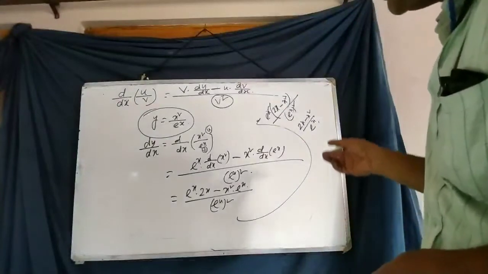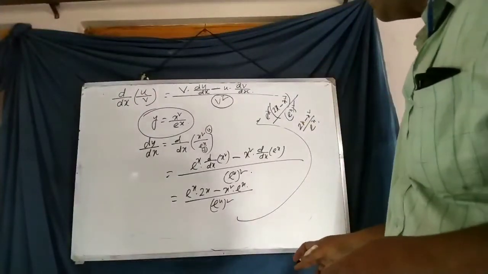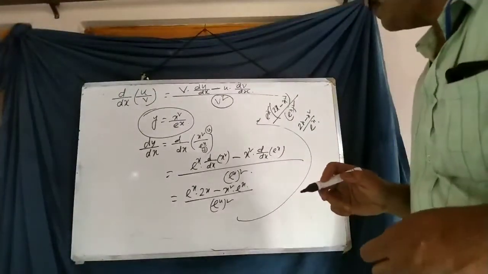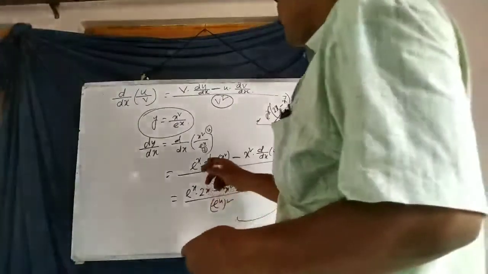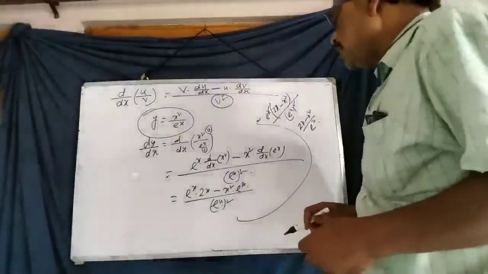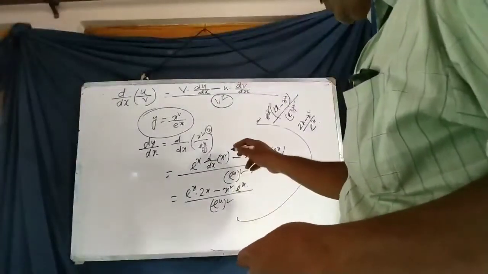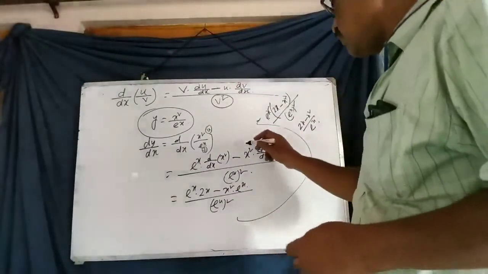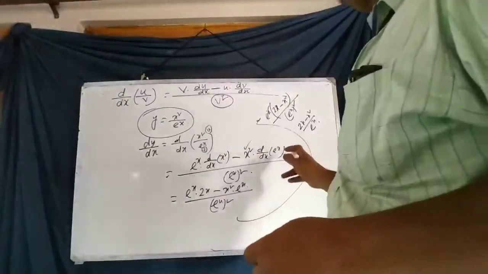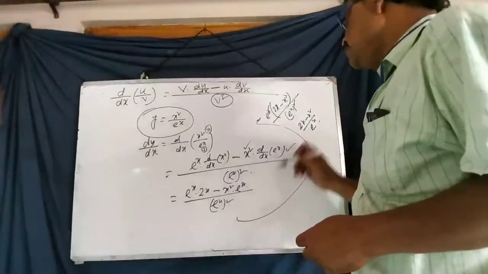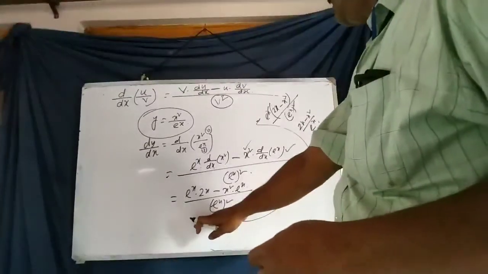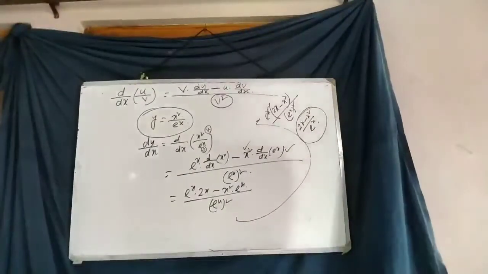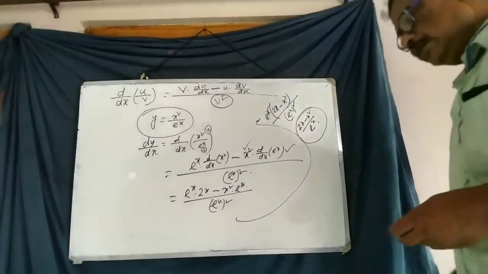By substituting v by e to the power x, we get at denominator e to the power x whole square, and in numerator, in place of v I write e to the power x, and in place of u I write x square. So I get d/dx of x square, and again x square unchanged, derivative of e to the power x, that means differentiation of v. Ultimate result is that, and this is the calculation, and we will get the answer of this differentiation.